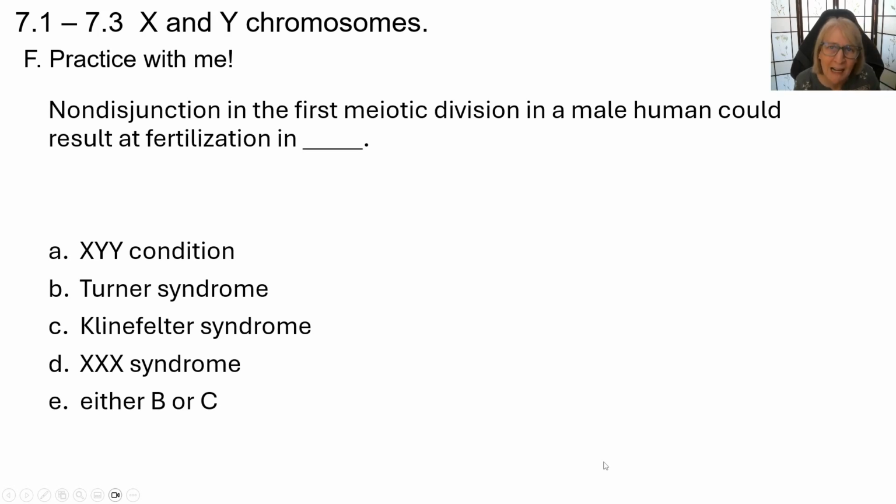So a little bit of practice with me. These are much easier, so give yourself a second, but no solving order of anything in this one. Really just, what does non-disjunction mean? In the first meiotic division, so meiosis 1, metaphase 1 to anaphase 1, what could the mistake of non-disjunction lead to?